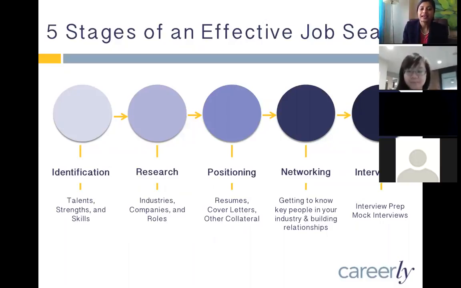Okay? That helps you then to position yourself in a very strong way with your resume and your cover letter and all of that. And then, of course, you get to know people in your industry. That's the idea, and you build relationships, right?